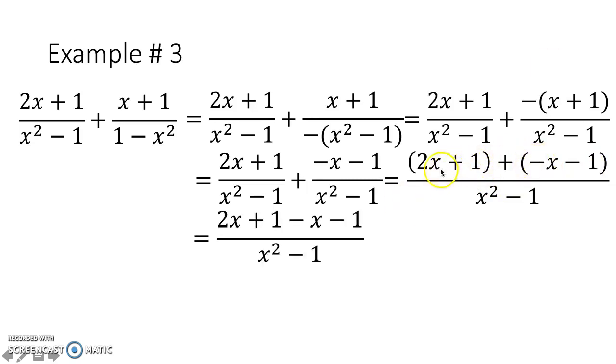So removing the grouping symbol, we will have 2x plus 1 minus x minus 1 all over x squared minus 1. Then combining like terms, 1 minus 1 is 0, then 2x minus x is x. So we will have x all over x squared minus 1. So that's it for the addition and subtraction of similar rational expressions.